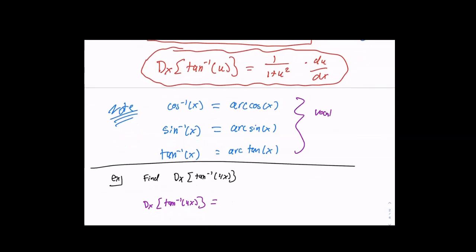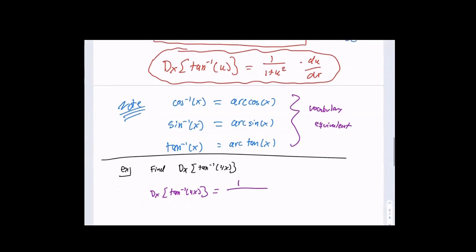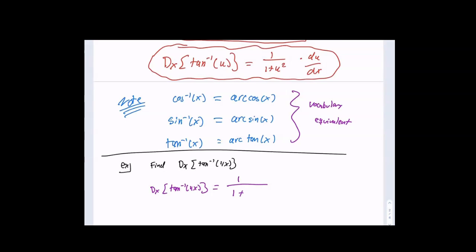Would it be 1 over 1 plus... Now be very specific on your next thing.